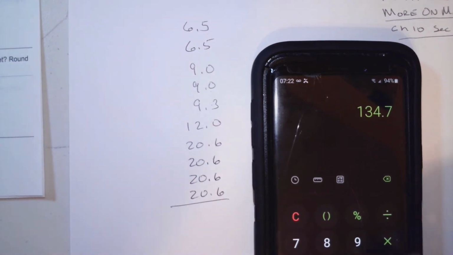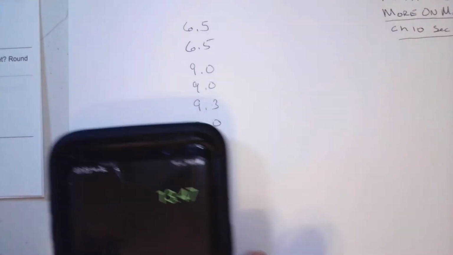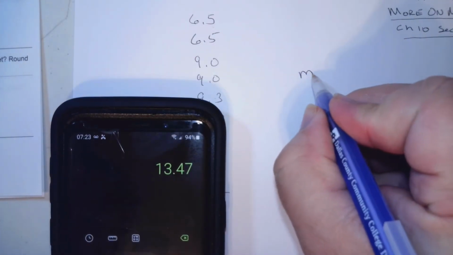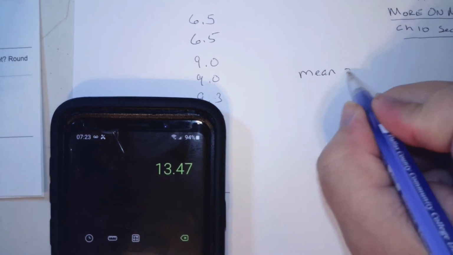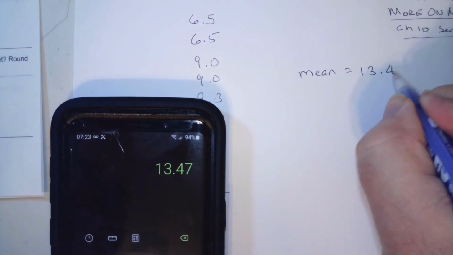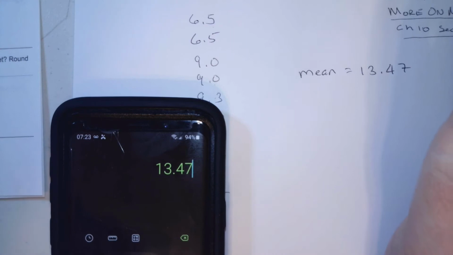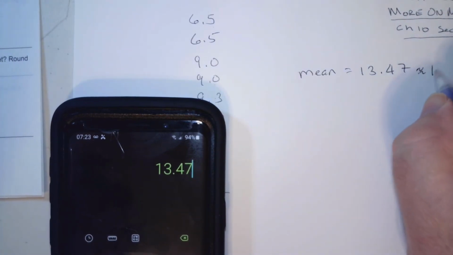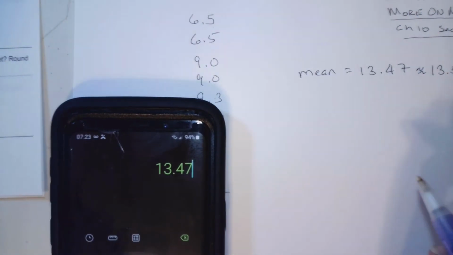Add up all those, divide by 10. So the mean, meaning the average, is 13.47, which is 13.5, since we only have one decimal digit in our data.